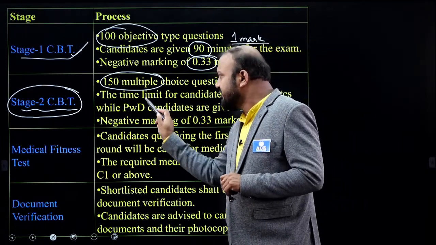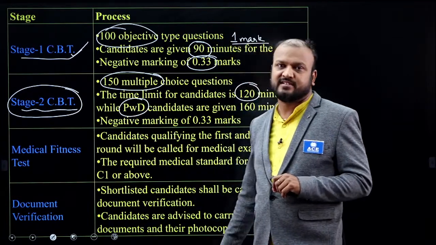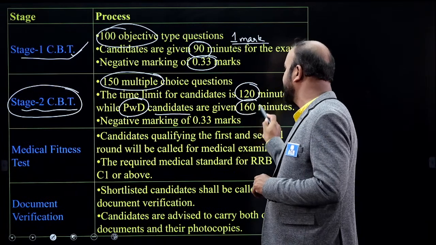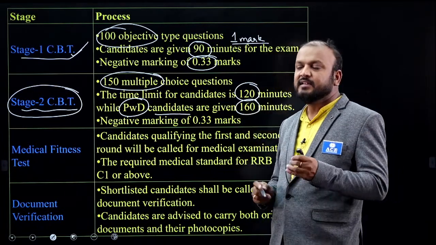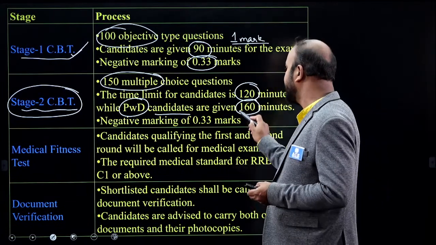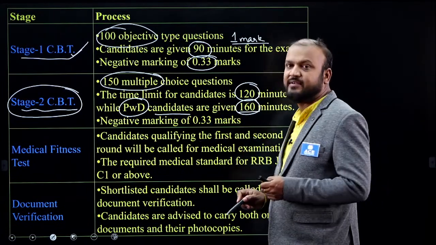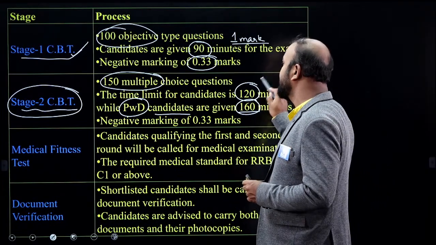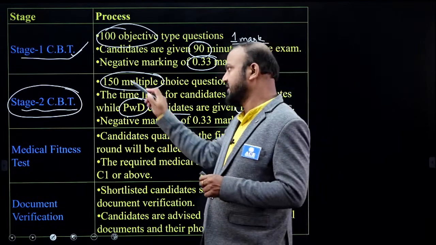And especially physically challenged candidates are given 160 minutes. This is good news for the people who are physically challenged. For them, for the CBT 2 exam, they are giving 160 minutes. For all the other candidates, 120 minutes, 150 questions.